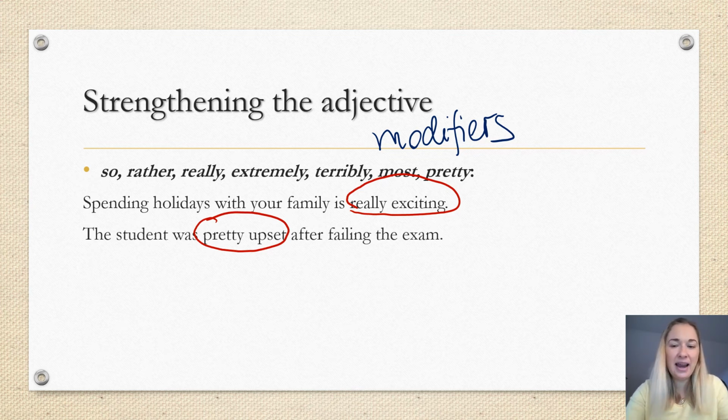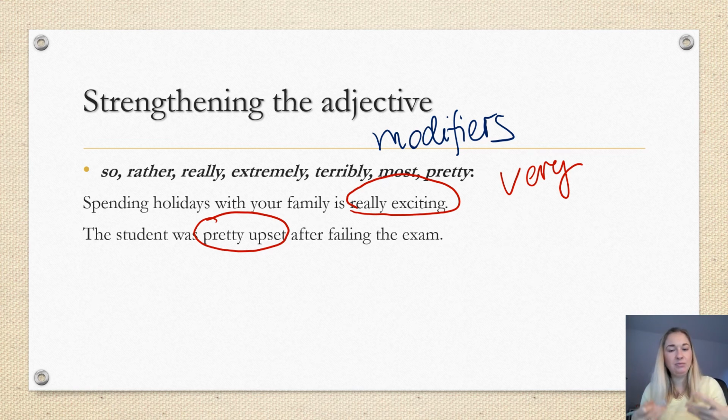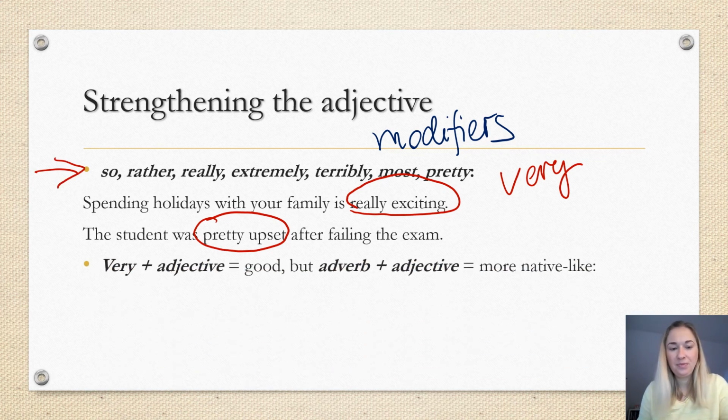But instead of saying very all the time, if you want to sound more native and more fluent, I would go for the modifiers indicated over here. Also, just like what I have just said, we use very and an adjective to strengthen the meaning.